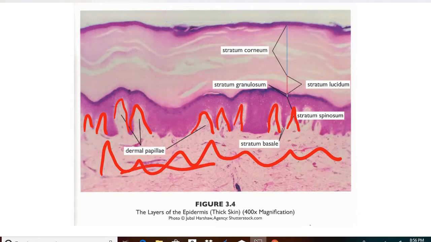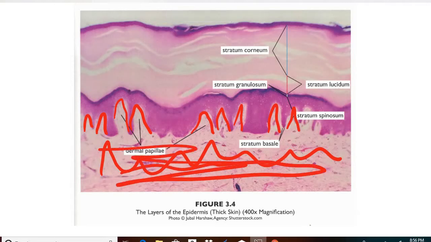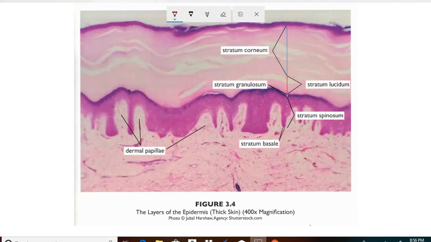Okay, so all of this would be the dermis, and then everything above that is part of the epidermis. So let's start talking about the layers of the epidermis.